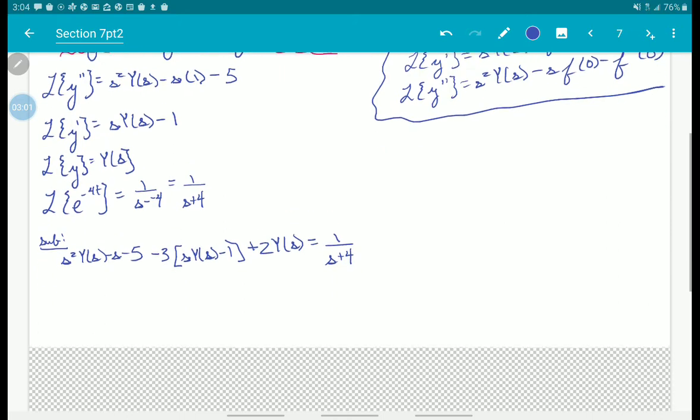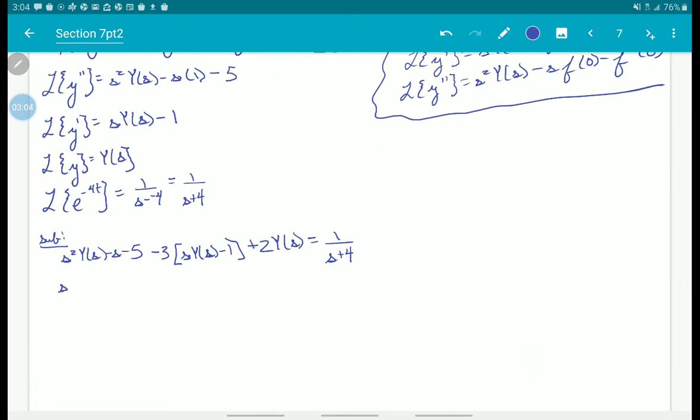So let's do some simplifying here. I'm going to combine some like terms, have s squared Y of s. I'm going to do some grouping too. I'm going to rearrange just a little bit, kind of grouping all of those Y of s terms together.